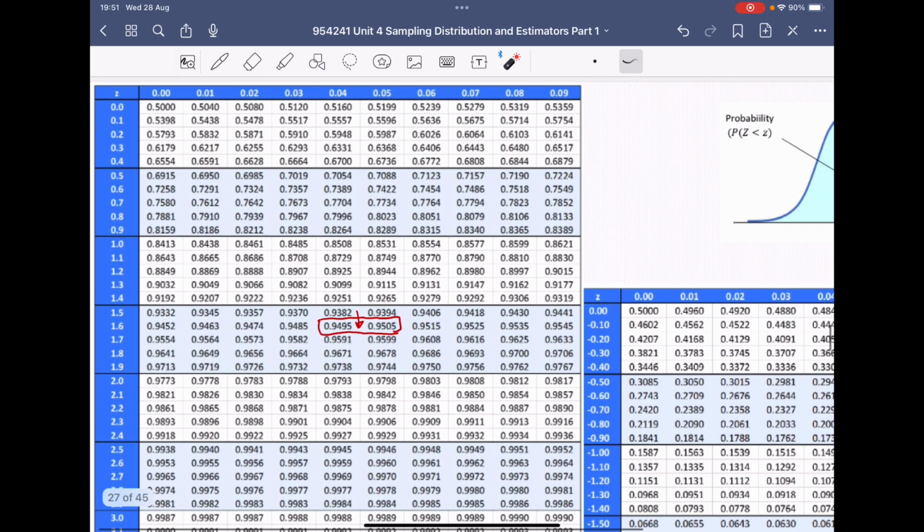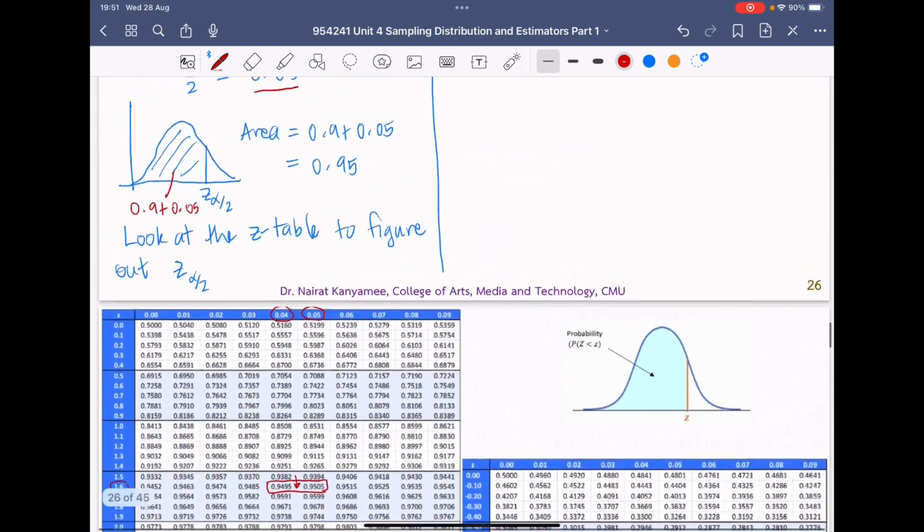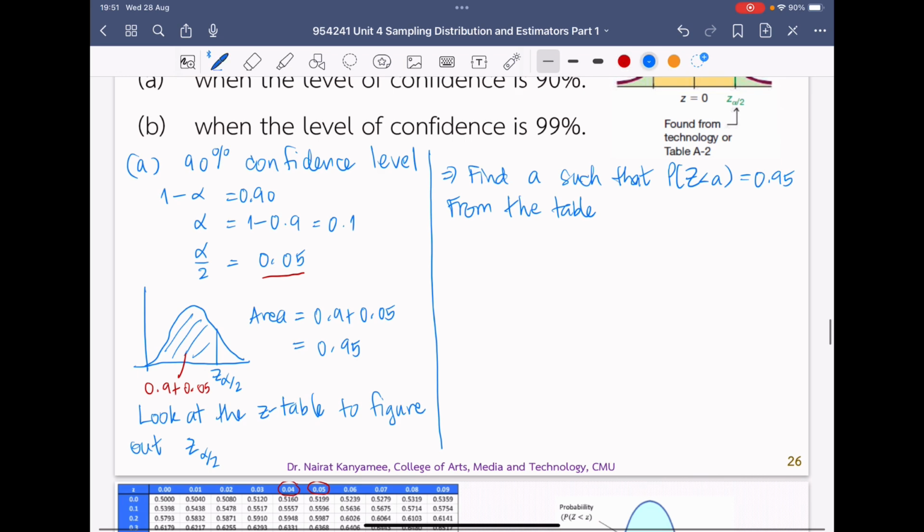These two mean 1.64 and 1.65. So halfway is going to be 1.645, right? I take these two values and write down here. From the table, we have P of Z less than 1.64 is 0.9495, and P of Z less than 1.65 is 0.9505.